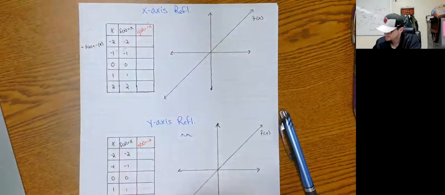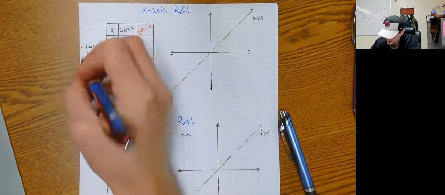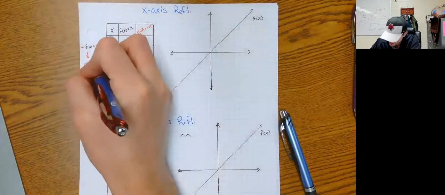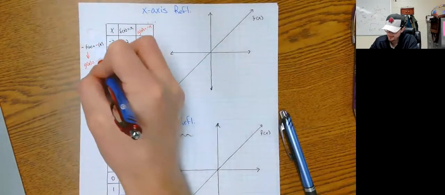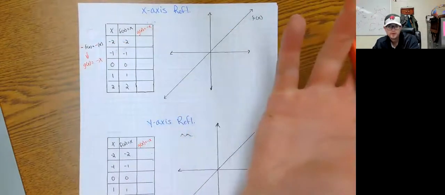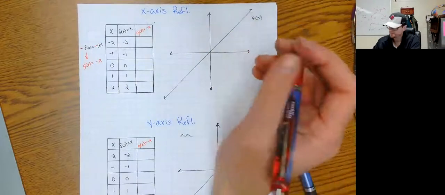All right. So this changes because we've transformed it. We've done a reflection. So g of x equals, okay, well, what's negative times x? Negative x, right? So you just multiply through the parentheses, you get negative x.